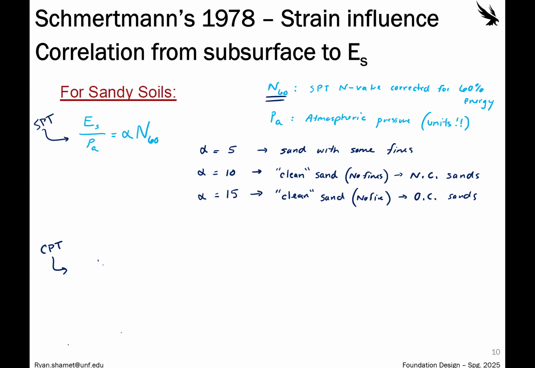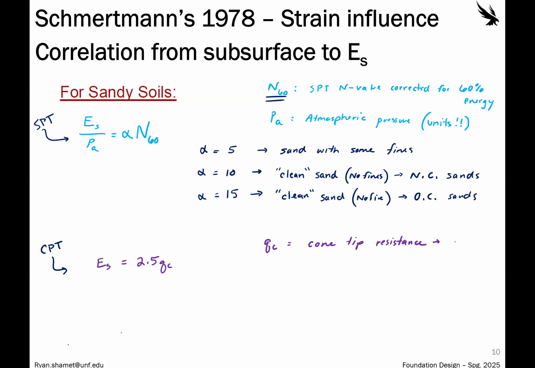for CPT, we can say ES is usually about 2.5 times QC, where QC is the measured cone tip resistance. This is the primary thing that we get from our CPT.